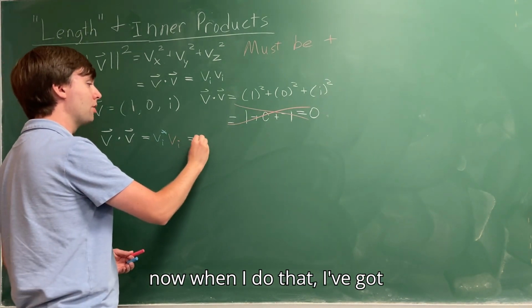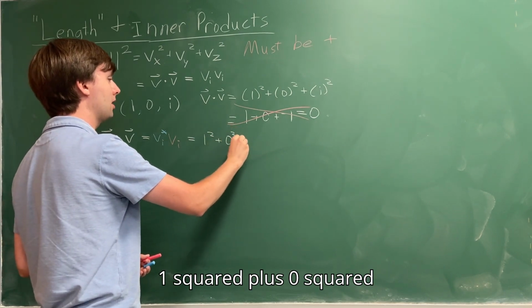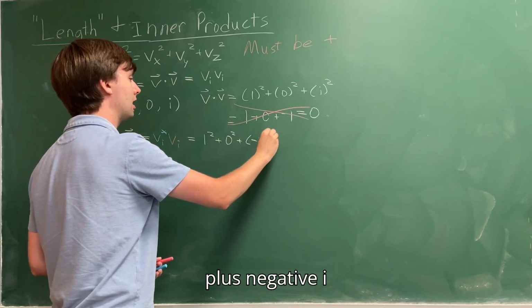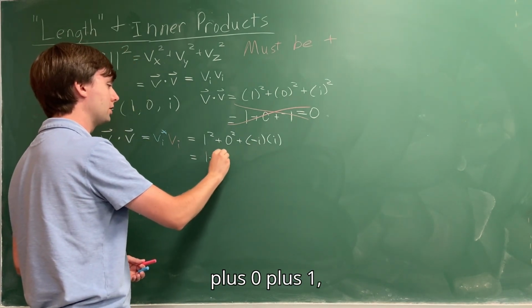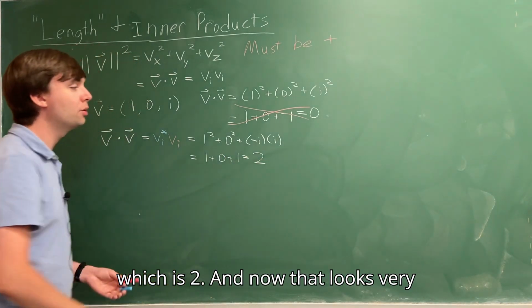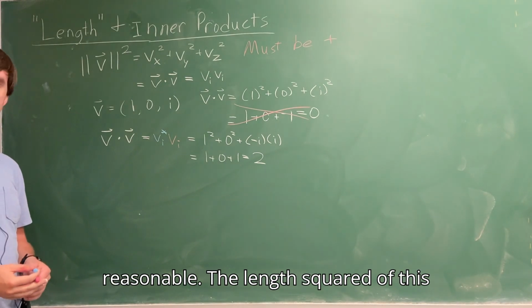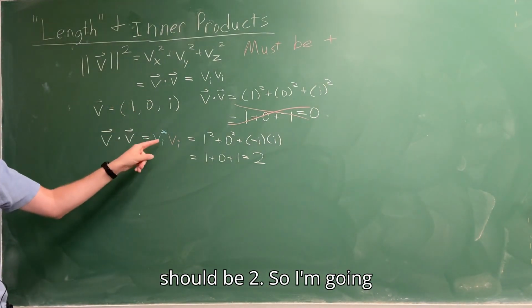So now when I do that, I've got 1 squared plus 0 squared plus -i times i. It's 1 plus 0 plus 1, which is 2. And now that looks very reasonable. The length squared of this should be 2.